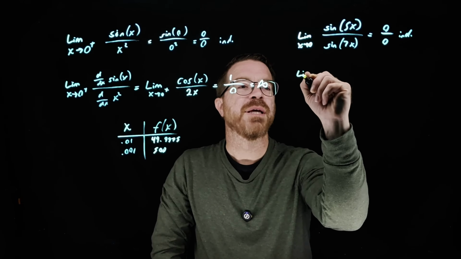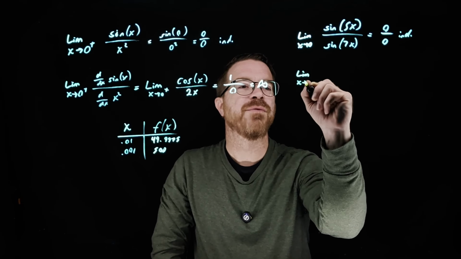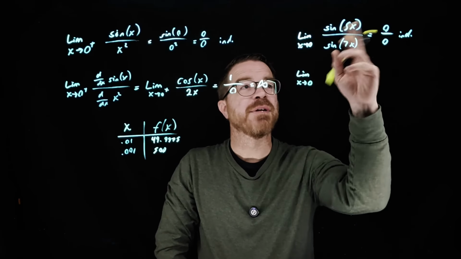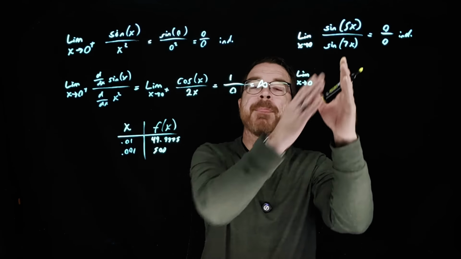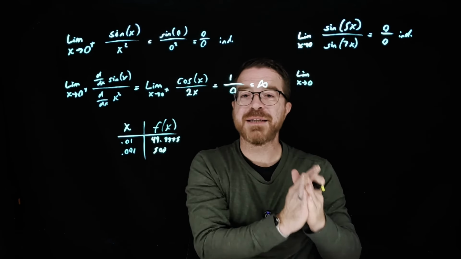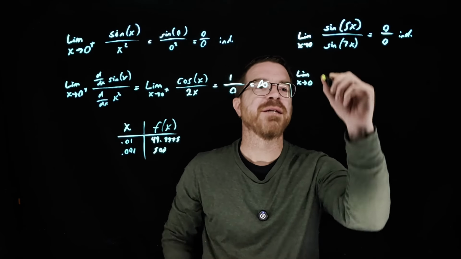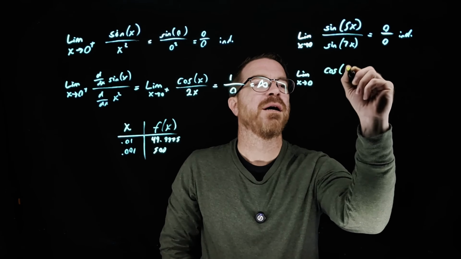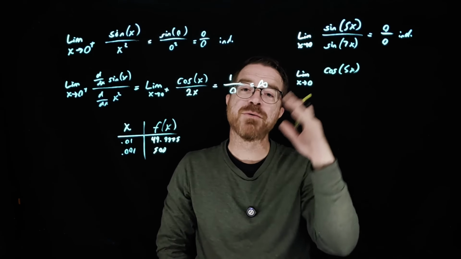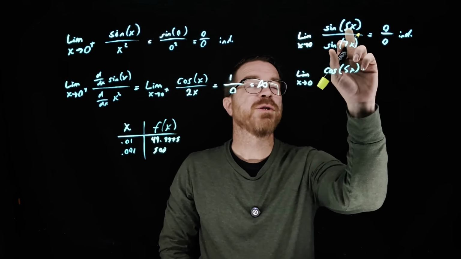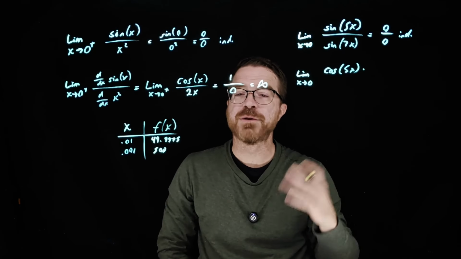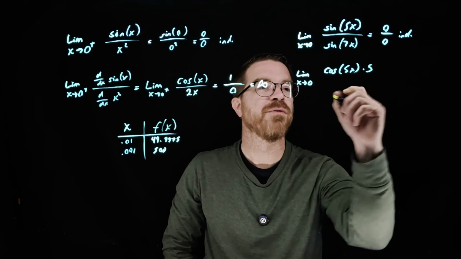So I'm going to then take the derivative of the top and the bottom. So I take the derivative of the top. Remember now, this is sine of 5x, meaning when I take the derivative of sine, I'm going to get cosine of 5x. But now I have to use the chain rule and multiply by the derivative of the inside. So the derivative of 5x is going to be equal to 5.